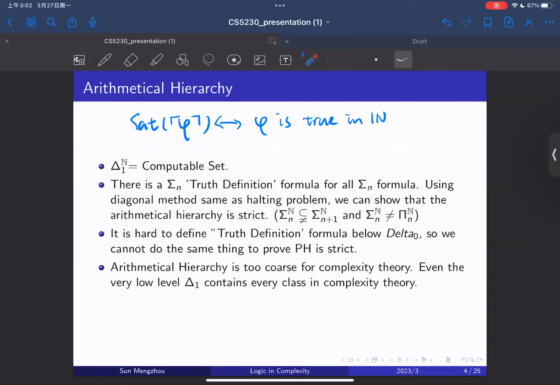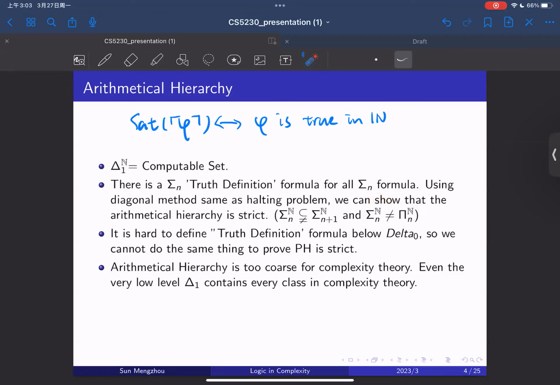So using the diagonal method, the same as the halting problem, we can show that the arithmetical hierarchy is strict, which means that the sigma n definable subsets are a proper subset of the sigma n plus 1 definable subsets, and sigma n is different from pi n.